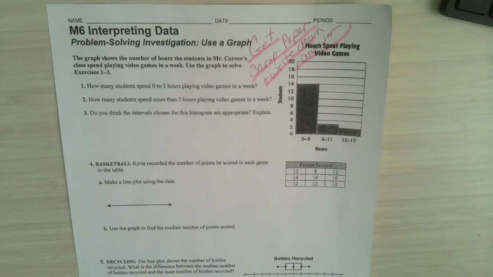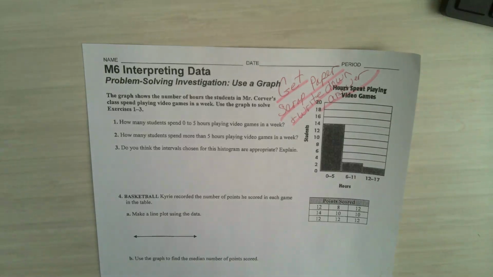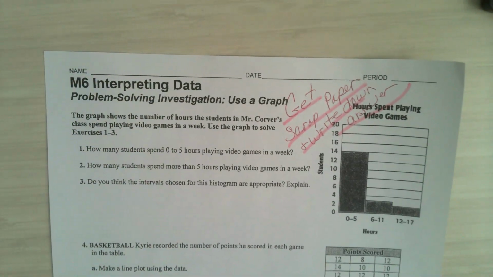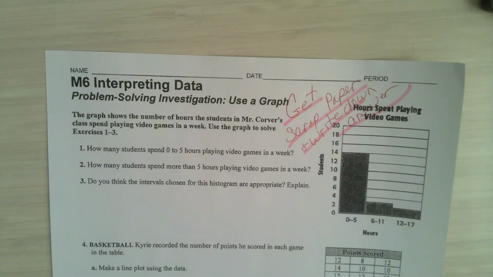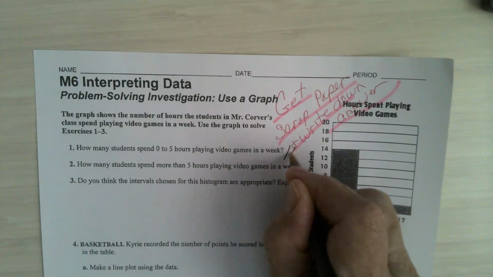All right? So, in the first problem that you have to do here, it says, how many students spend 0 to 5 hours playing video games in a week? What did you get for your answer? 14 is correct. 0 to 5, and it goes up to 14.